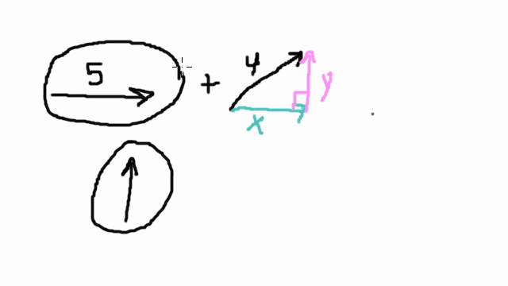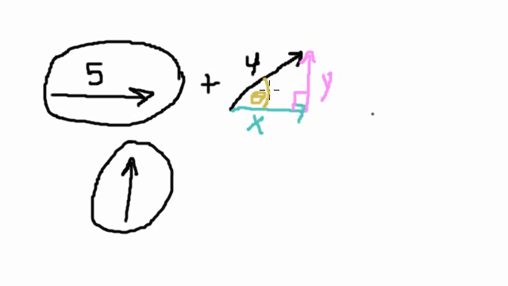So to solve this problem, what you need to do is find the x and find the y. But in order to do that, since we only have one number, you have to use trigonometry. So in this problem, you would actually have one more step, and that extra step actually involves an angle here, which we'll call theta.